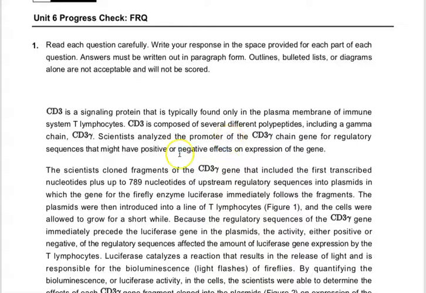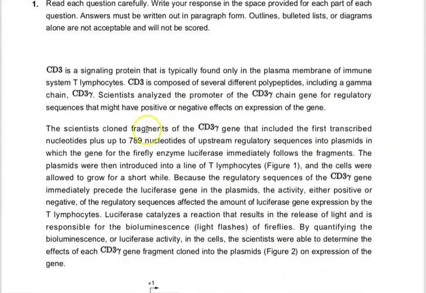Okay? So it says the scientists cloned fragments of this gene that included the first transcribed nucleotides plus up to 789 nucleotides of upstream regulatory sequences into plasmids in which the gene for the firefly enzyme luciferase immediately follows the fragments.